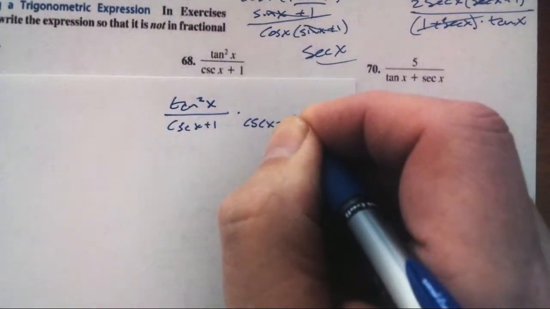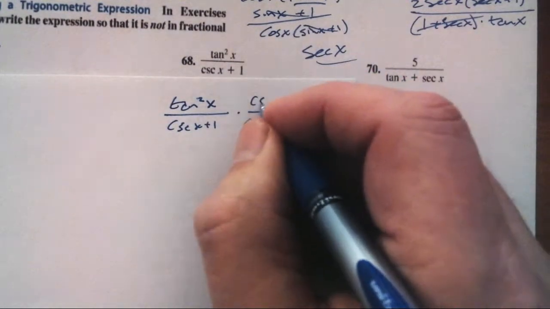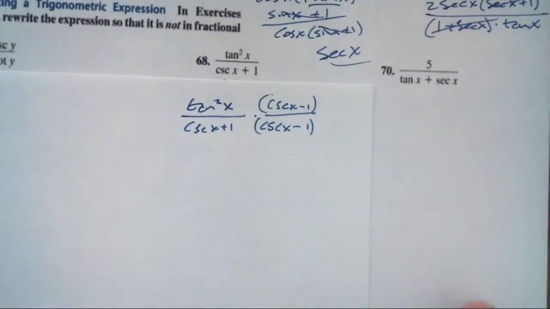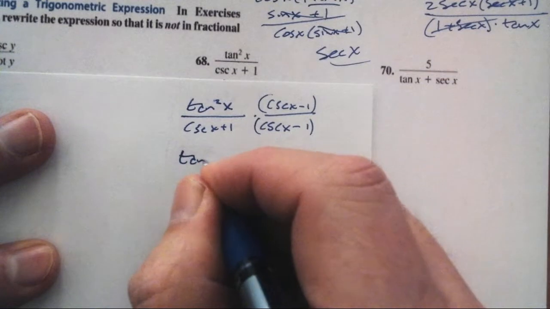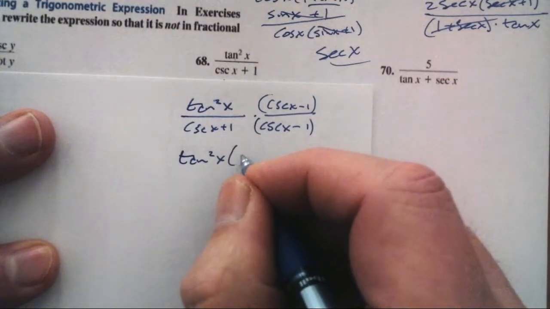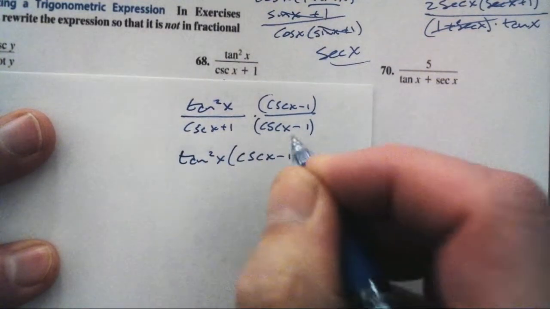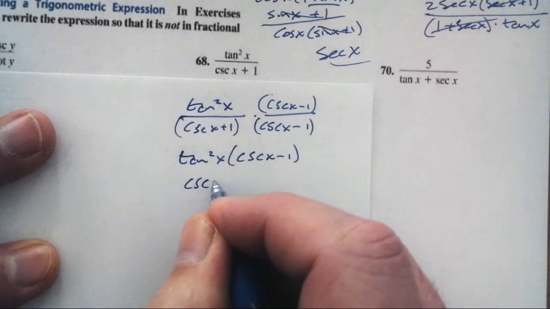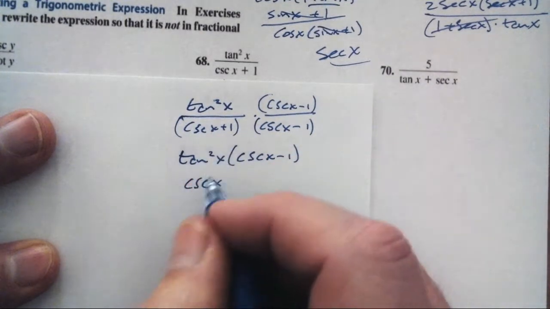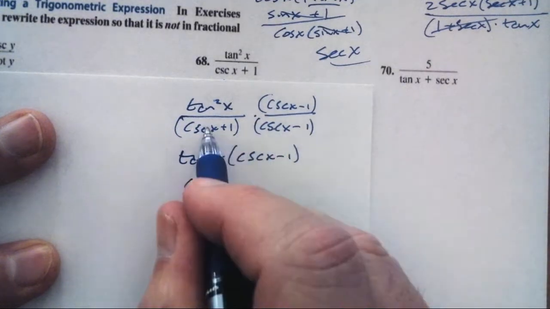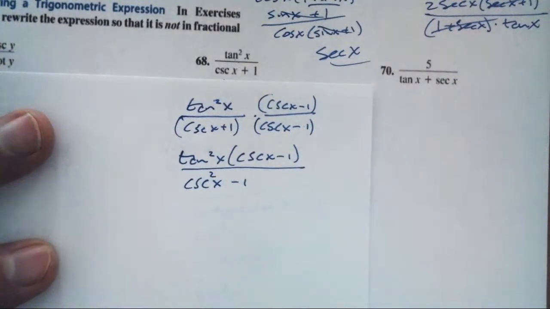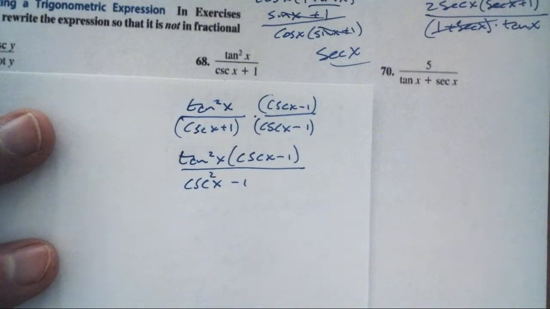Cosecant x minus 1 on cosecant x minus 1. In the denominator, I'm not going to distribute the numerator yet. I may later. But good things happen in the denominator. I get cosecant squared x, minus cosecant plus cosecant minus 1. Now, anything good happen there?